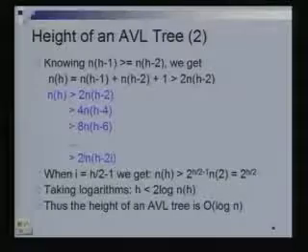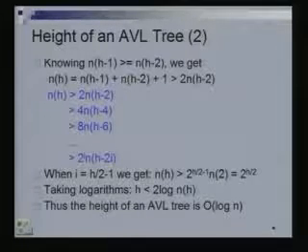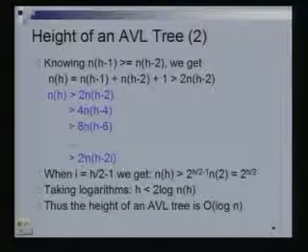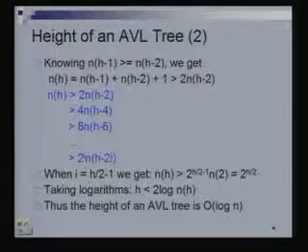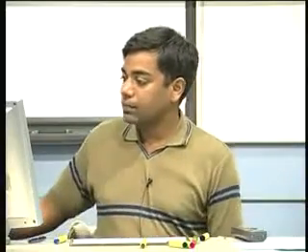So we've shown that such a tree will have height no more than 2 log n. The best possible tree could have height only log n, if it were like a complete binary tree, very dense. But this has more height, but not too much more, just a factor 2 more. Much better than having a height of n. Great.